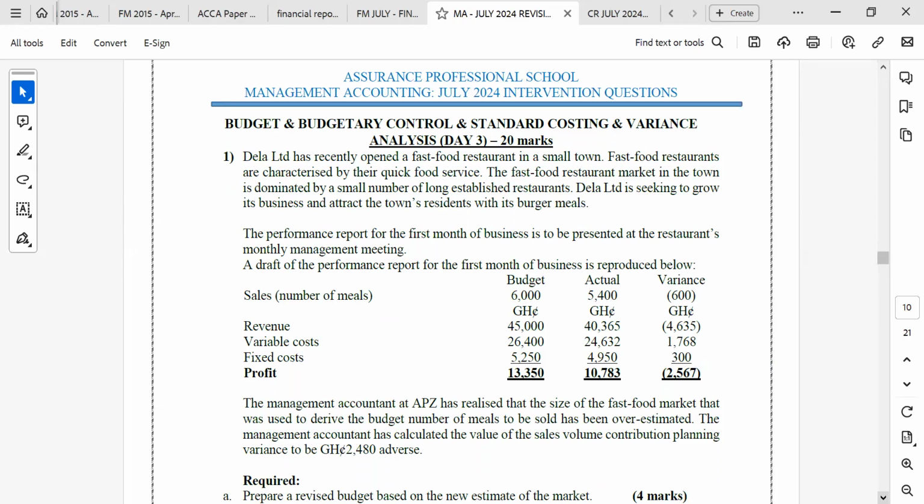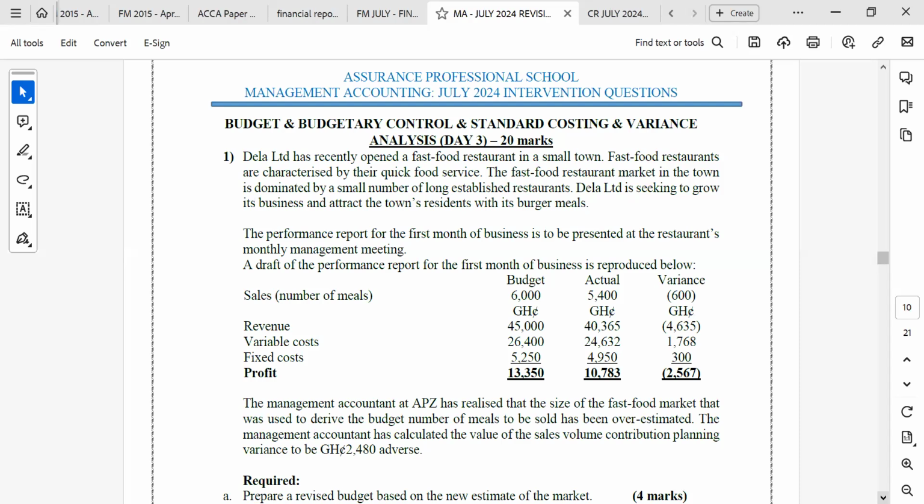Dela Limited has recently opened a fast food restaurant in a small town. Fast food restaurants are characterized by their quick food service. The fast food restaurant market in the town is dominated by a small number of long-established restaurants.